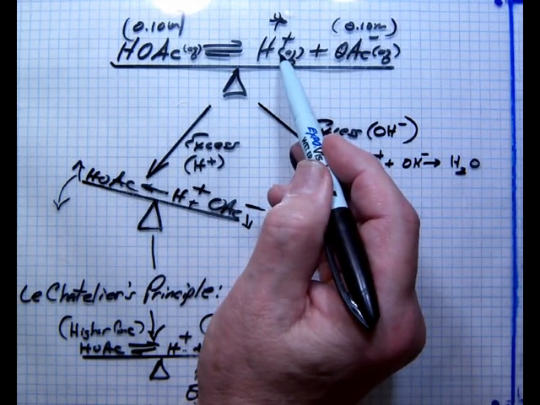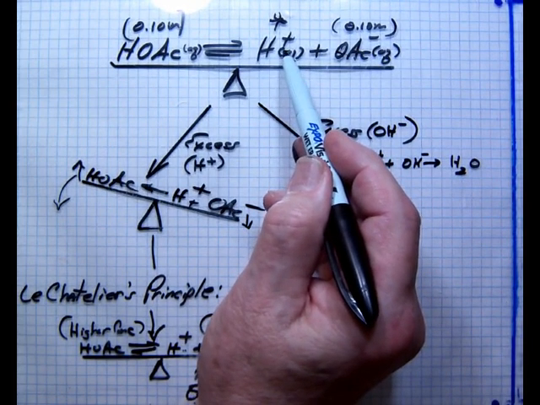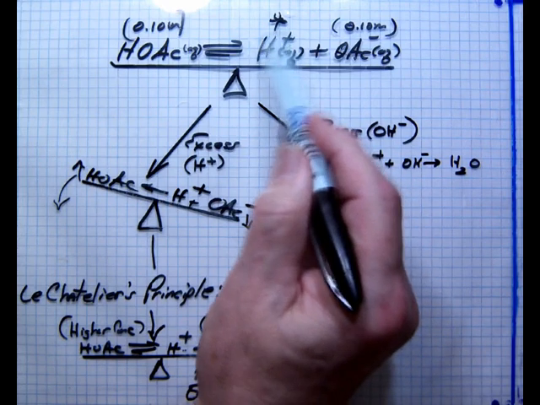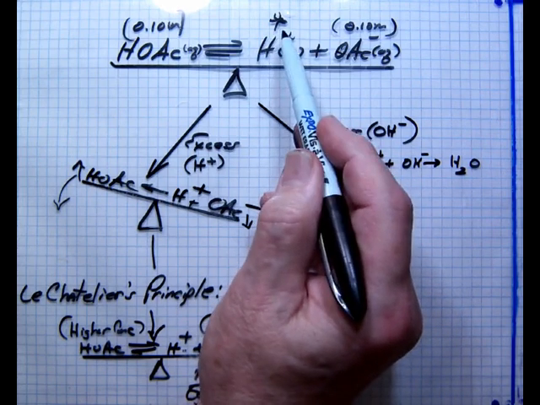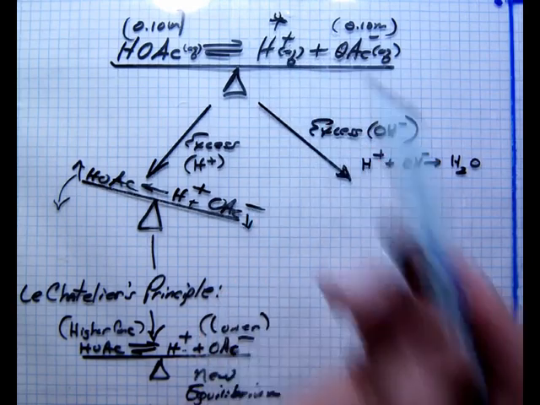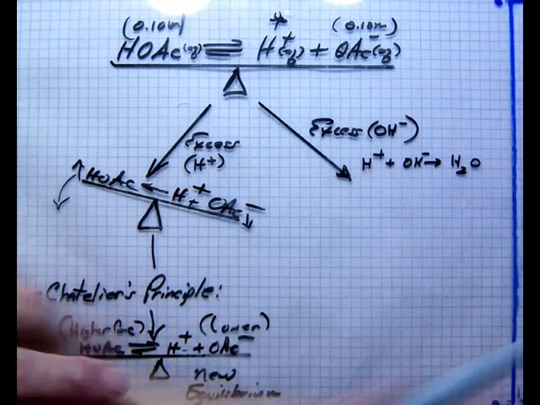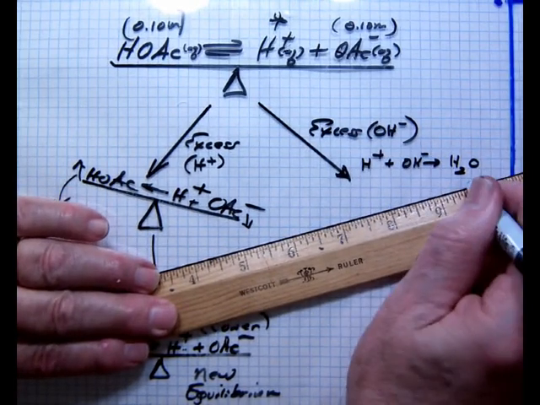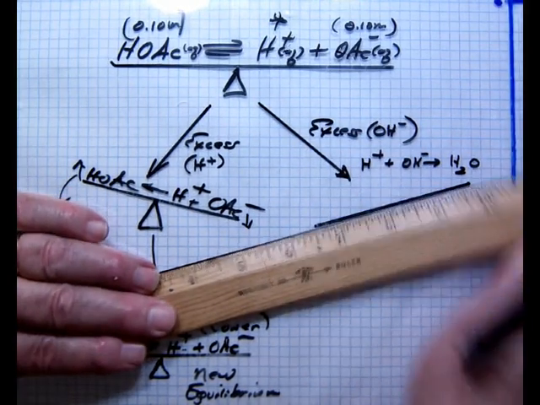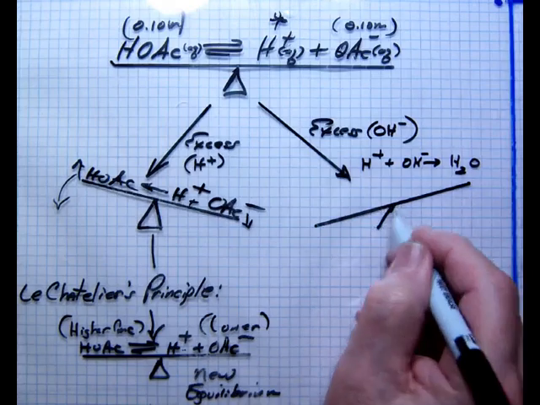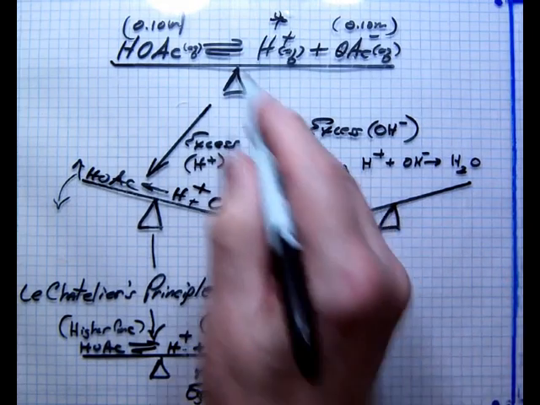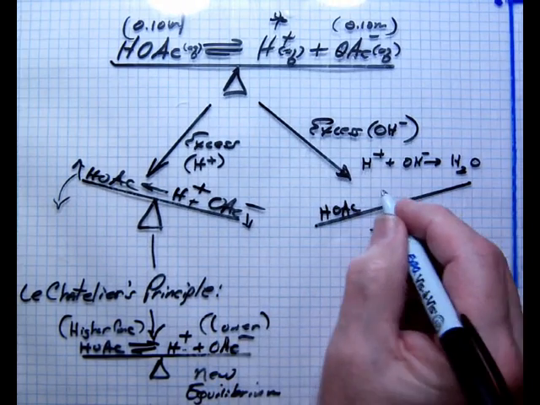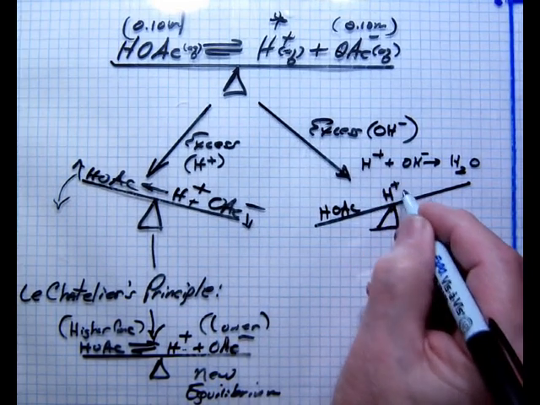So that's going to cause this side of the equilibrium to get lighter because you no longer have enough H's holding that end of the equilibrium down. And so you will see a tilt to the left, like this. And our equilibrium now looks like this, or non-equilibrium.